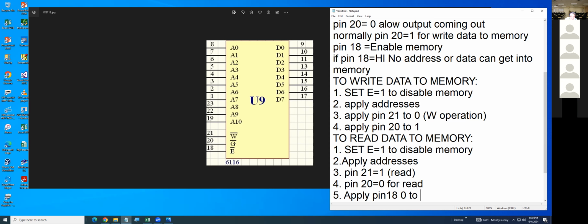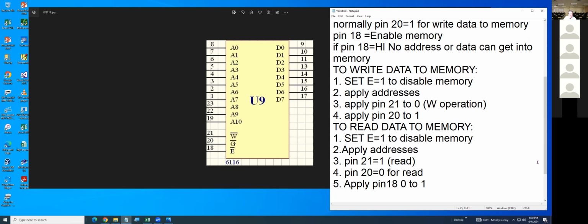Okay, that means you want to read, you apply address. Pin 21 logic 1, pin 20 logic 0. And pin 18 here will go from 1 to 0 to 1.